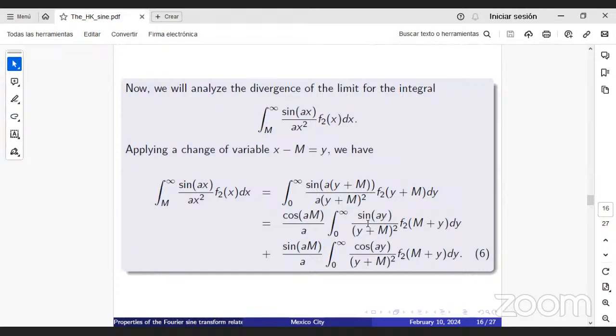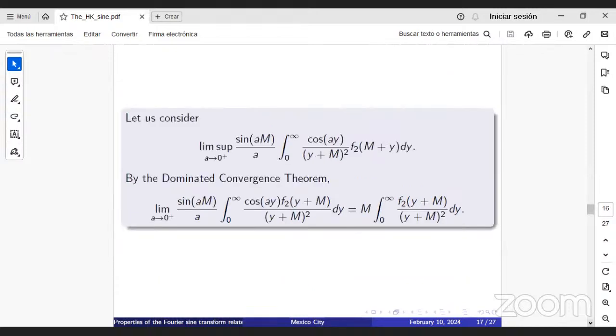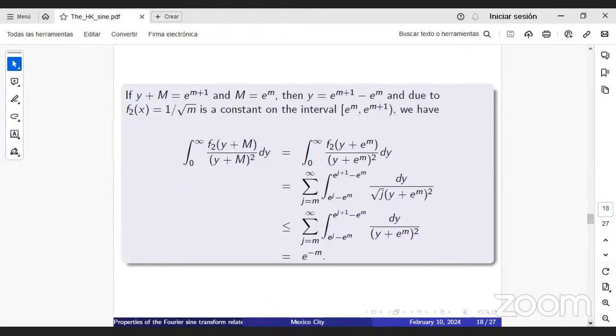By properties of the same, we have that. Let's also consider the mathematical objects by the dominated convergence theorem. We have that the limit is classic.